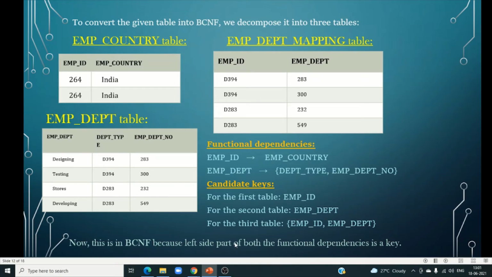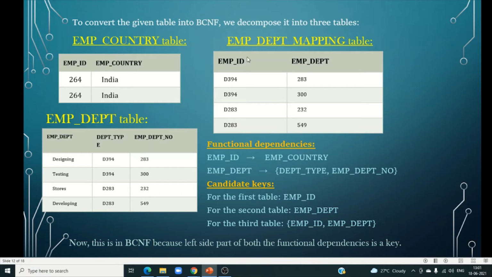So we can define the candidate key for the first table as the employee ID, for the second table as the employee DEPT, and for the third table the combination of employee ID and employee department.